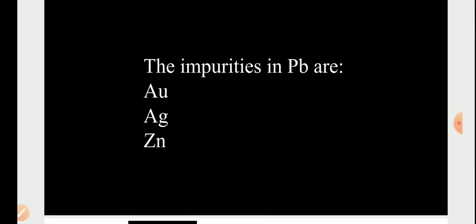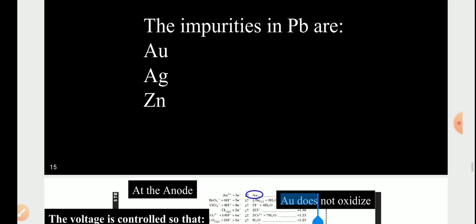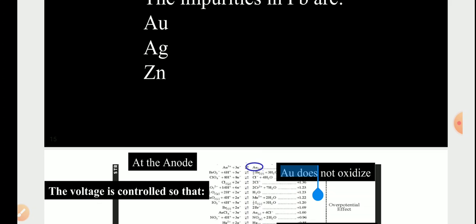If you consider lead, there will be impurities such as gold, silver and zinc. Now if you use this impure lead as the anode and pure lead as the cathode, and use a particular salt of lead as the electrolyte, then it is possible to get pure lead. There will be no deposition of gold, silver and zinc.